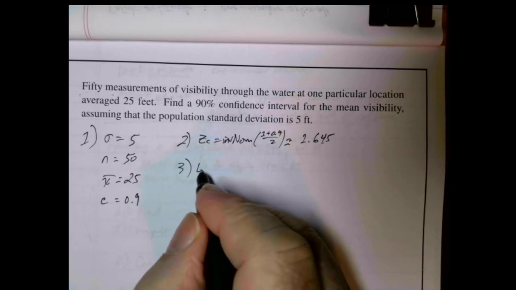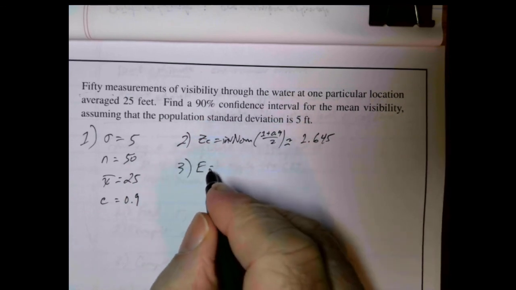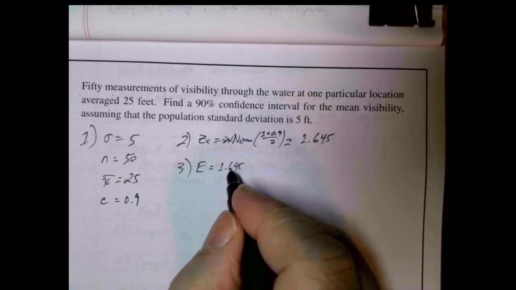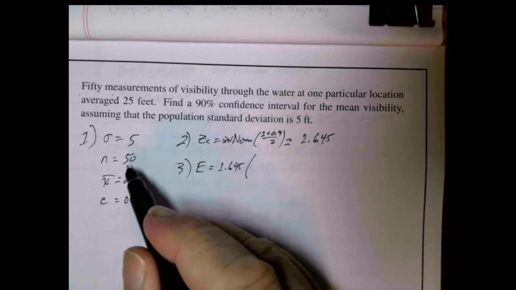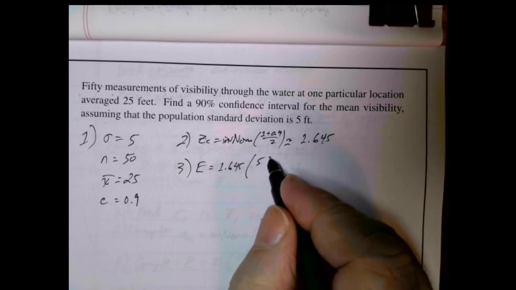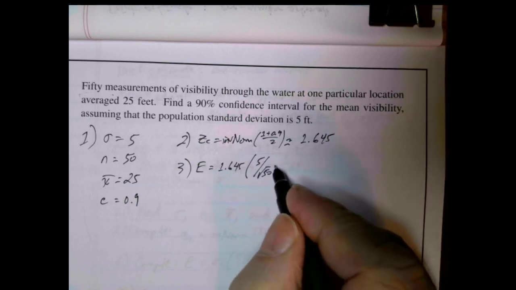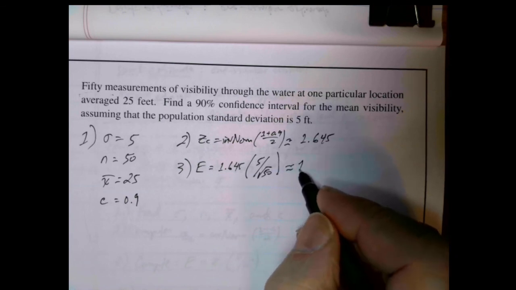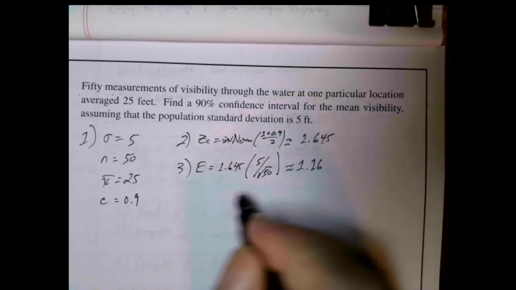Okay, third, the margin of error E is just z sub c, 1.645, times sigma over the square root of n. So that is 5 over the square root of 50. And when you work that out, it comes out to be about 1.16.